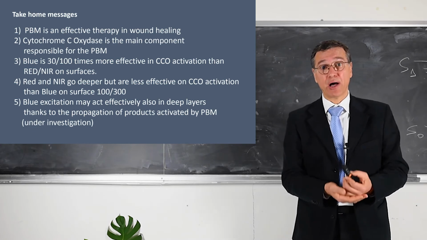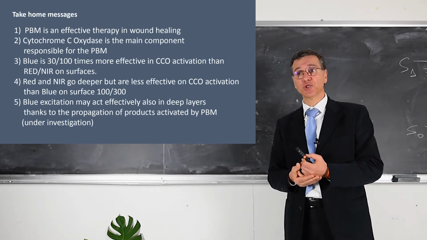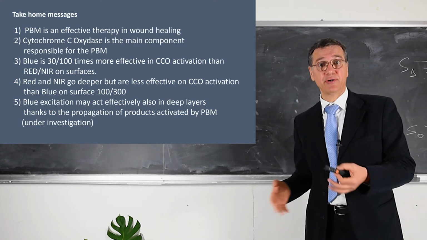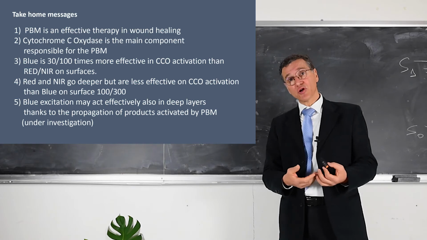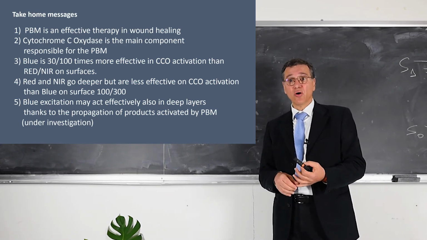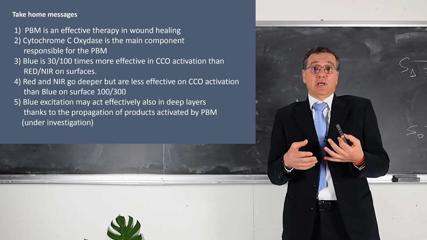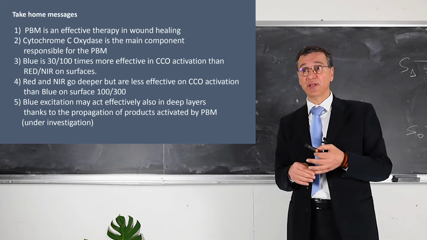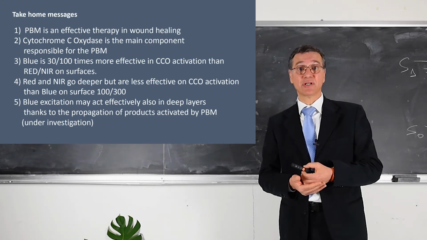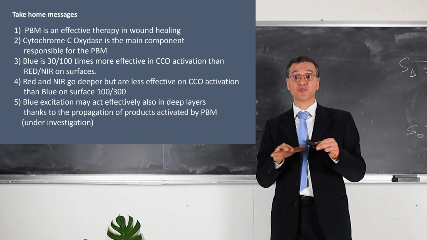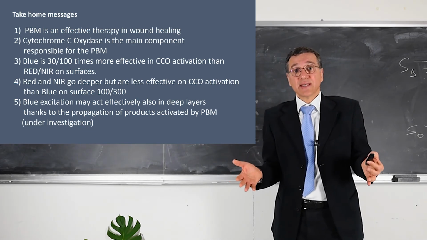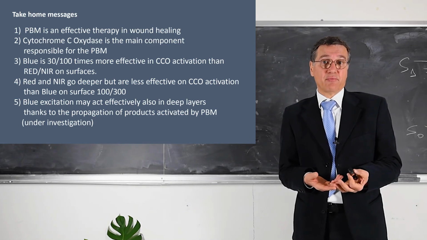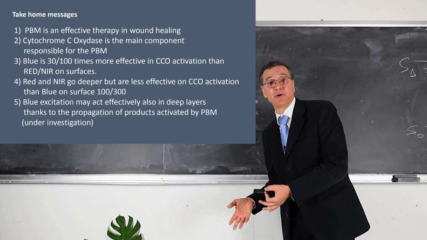And going deeper, also by using Monte Carlo simulation, we can see that even if the red and the near infrared are going deeper, the cytochrome is absorbing much less. So the capability to excite the cytochrome deeper with red and near infrared is from 100 to 300 times less than the blue on the surface. So we can say that blue excites much more cytochrome, but blue doesn't go deeper.